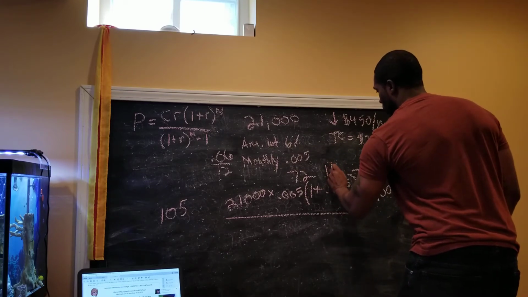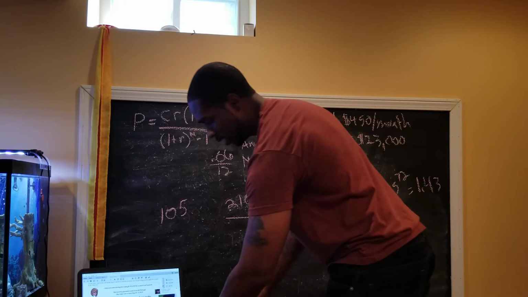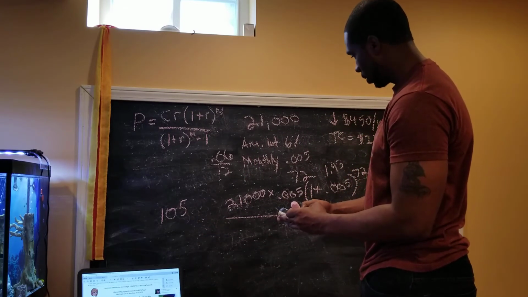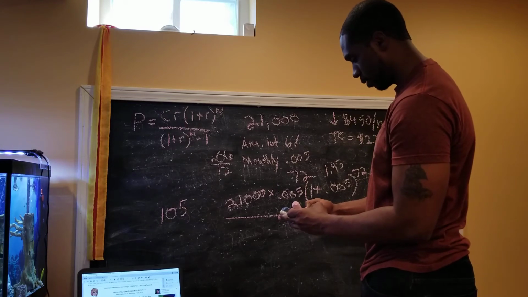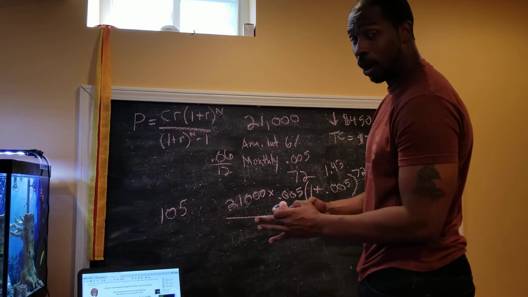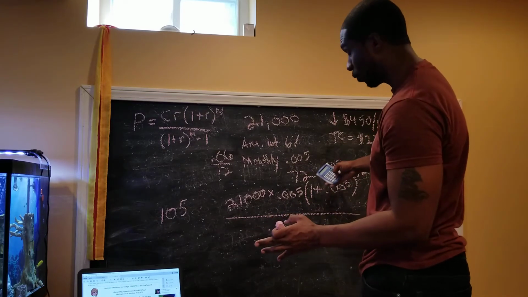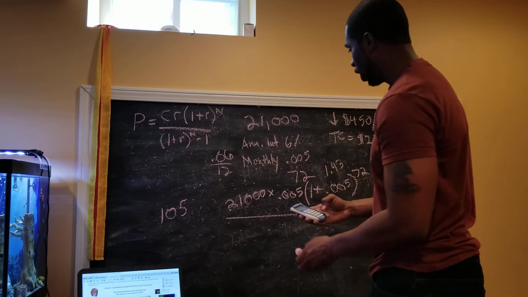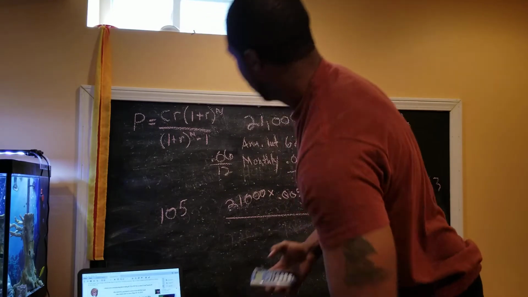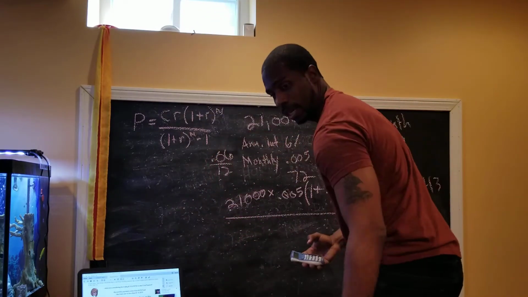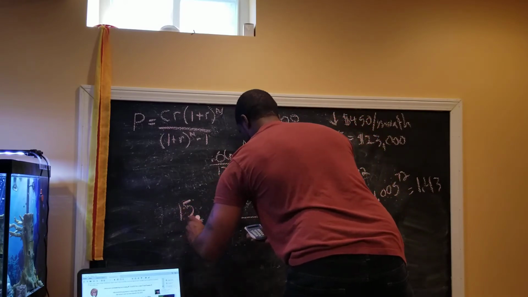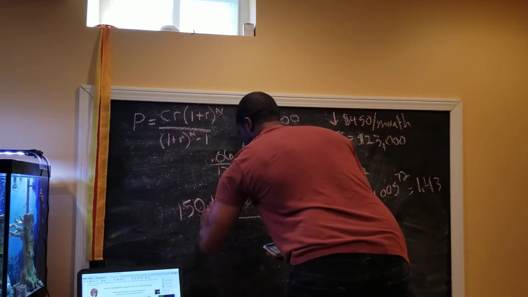That represents 1.43, right? So I take my not so trusty dusty, right? 21,000 times 0.005 times 1.43. You notice I rounded it in dollar amount, right? $1.43. And that gives me $150.15 basically, right? So I take that. That's going to be my top portion, 150.15, right?